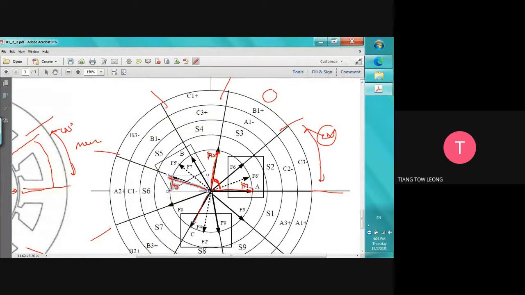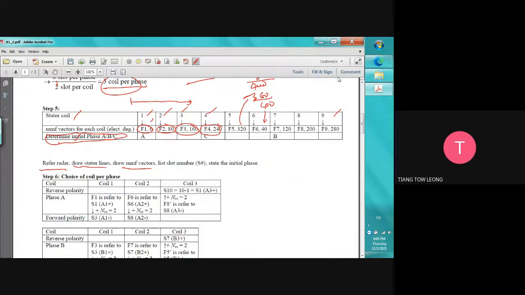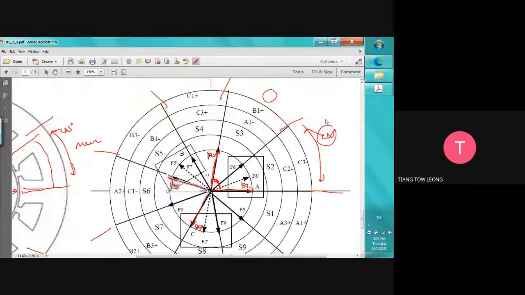So this is 240, F4. And then F5 320. F5 is here. This is the 320. From here, calculate to here is 320. So this is F5, right?